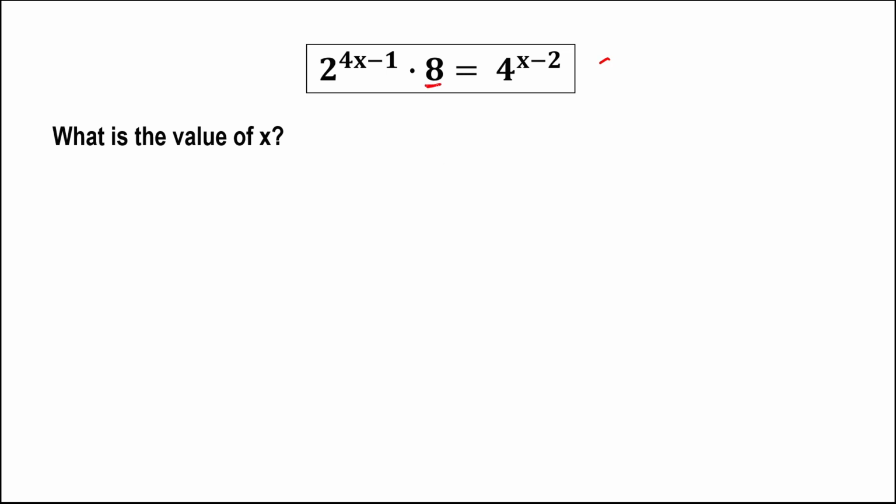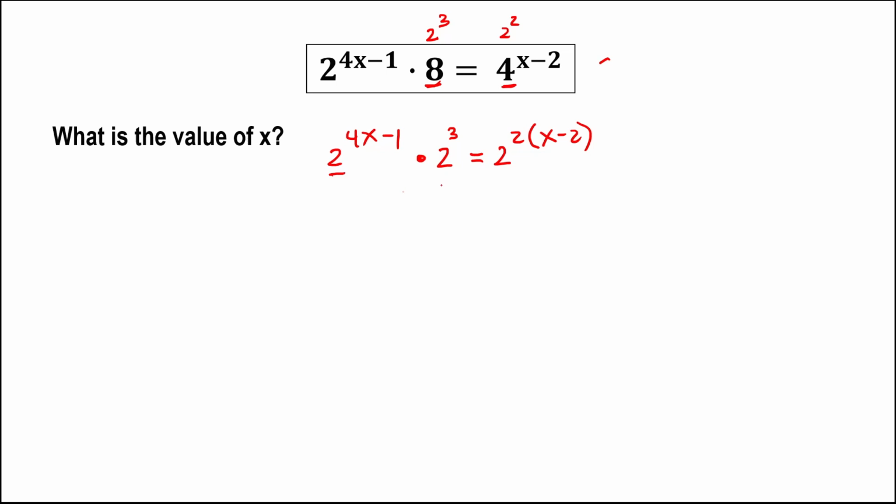Since 8 is equal to 2 to the power 3 and 4 is equal to 2 to the power 2, this becomes 2 to the power 4x minus 1, times 8 which is 2 to the power 3, equals 2 to the power 2, for 4, times the given exponent x minus 2.